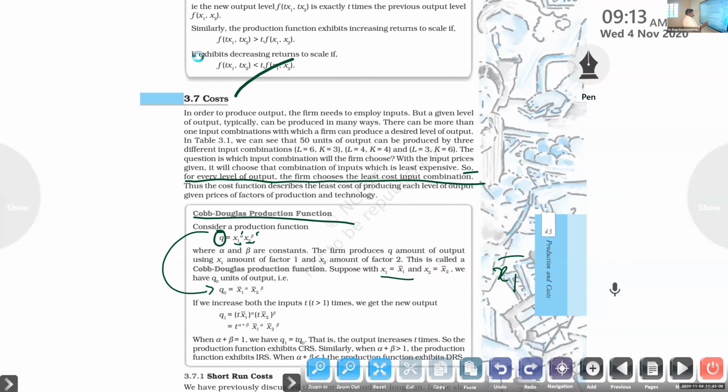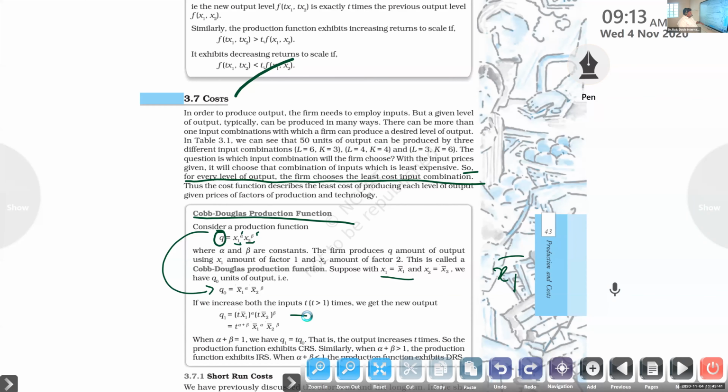So the equation changes here, you can see. T times we changed it, from Q0 to Q1 quantity. Clear or not? T is greater than 1, we know that. So t x1 bar all raised to alpha multiplied by t x2 bar all raised to beta.